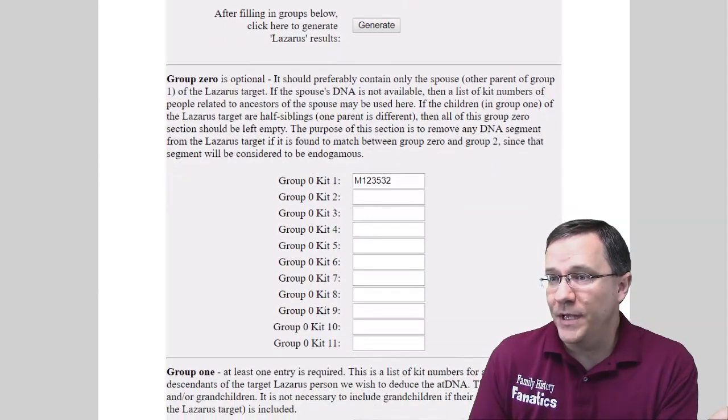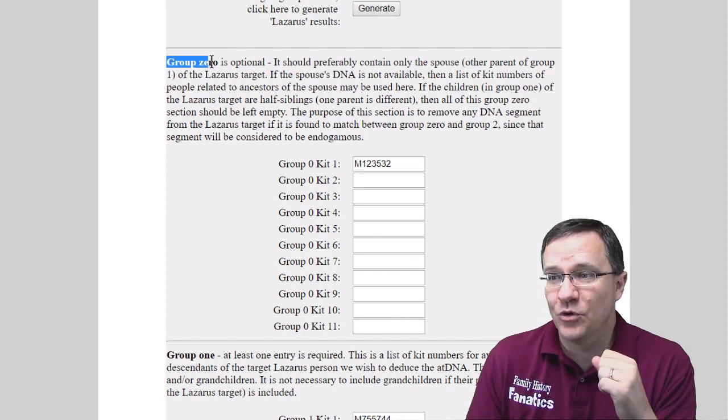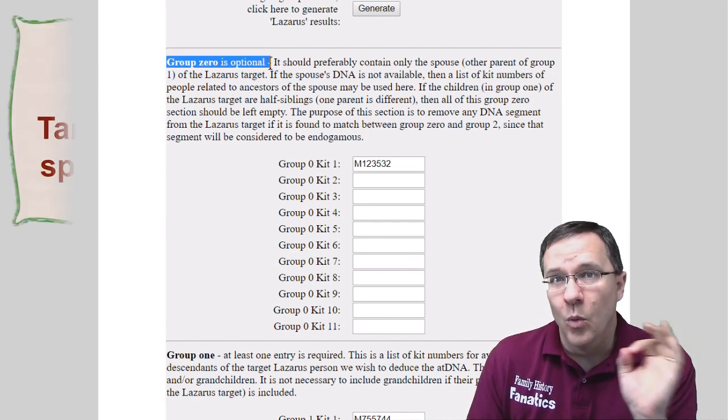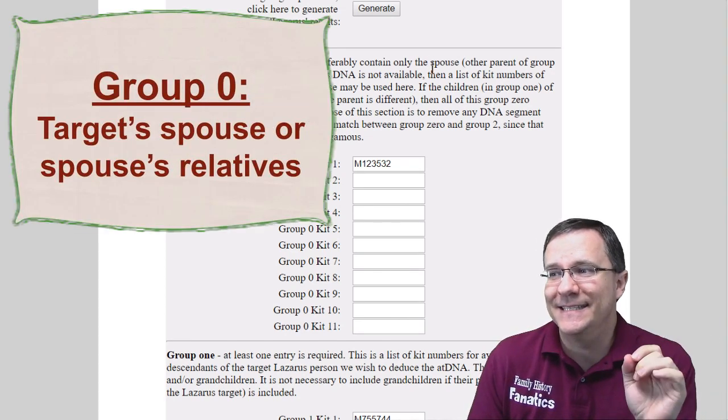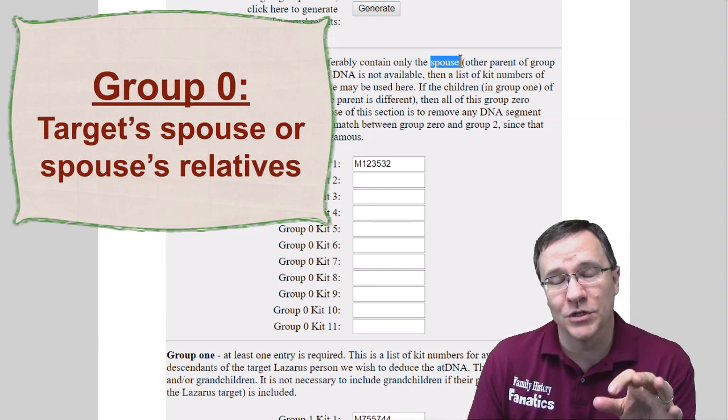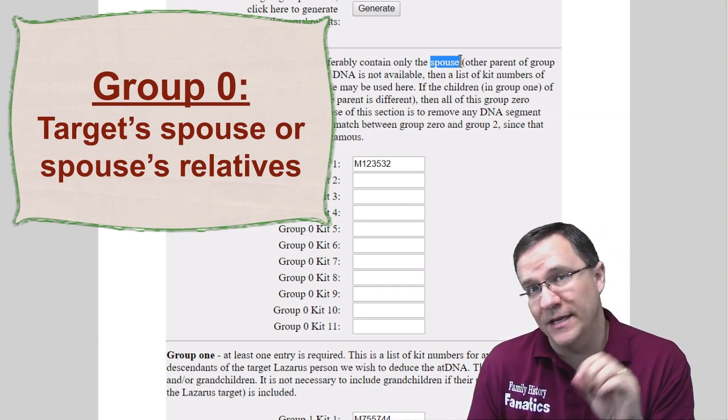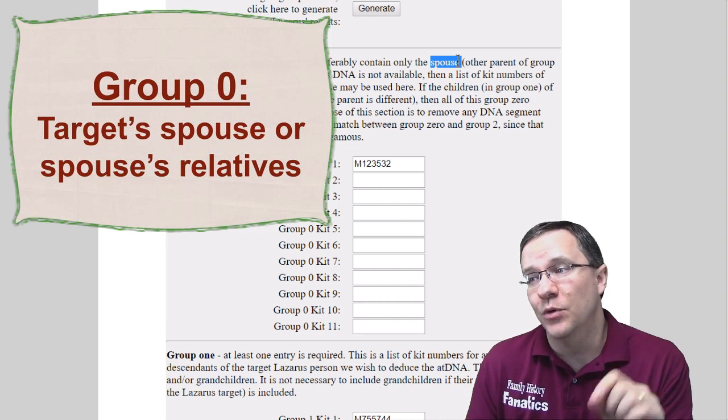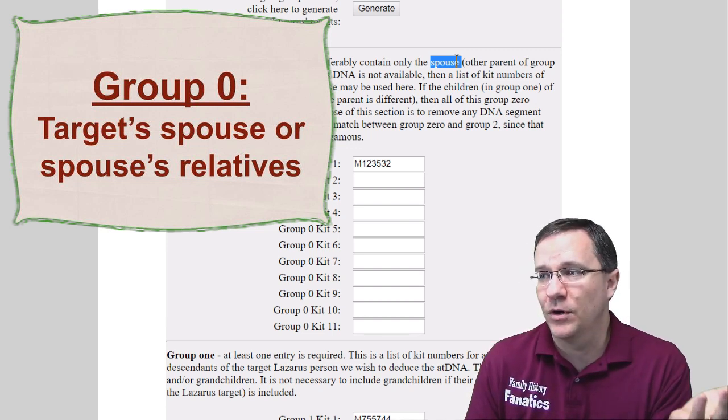Now, this first group is group 0, and as it says, group 0 is optional. This group is the spouse of the person. So in this case, I'm trying to recreate the kit of my father, so I would put my mother's kit number in here.